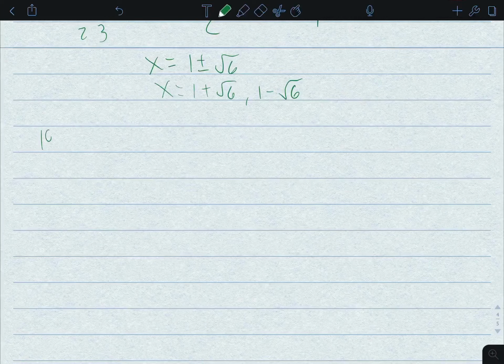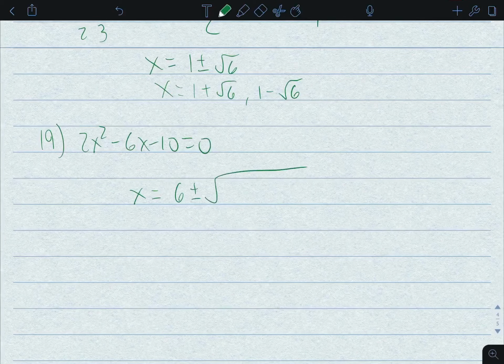I'll do the last one on your homework, 19. 2x squared minus 6x minus 10 equals 0. X equals negative b, so 6 plus or minus the square root of b squared, 36, minus 4ac, so 4 times 2 times negative 10 is going to give me a plus 80, divided by 2 times 2.